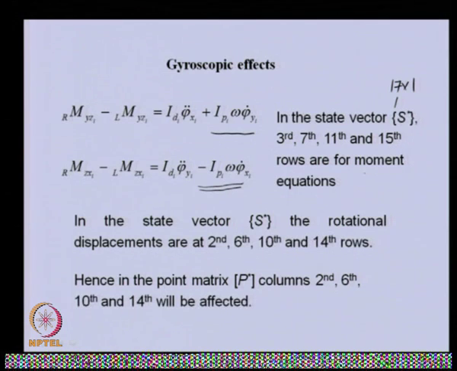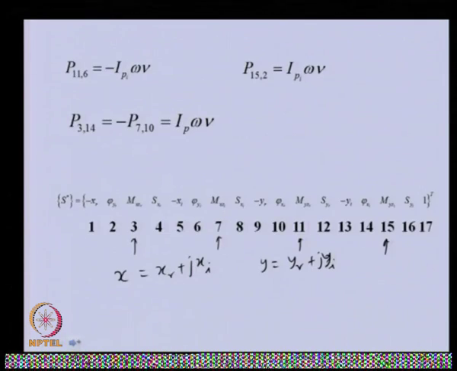Now, when we talk about the angular displacement, the gyroscopic couple contains the angular displacement. So, again when we look into that state vector, we see that the 2nd, 6th, 10th and 14th belong to angular displacements.